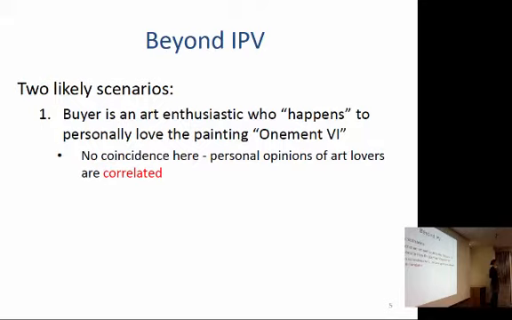And it happens that 5 other bidders also have this very high value for the painting. It's no coincidence. There's some kind of correlation going on between the personal opinions of these bidders. Art lovers will tend to like the same pictures or dislike the same pictures according to some unknown artistic value.